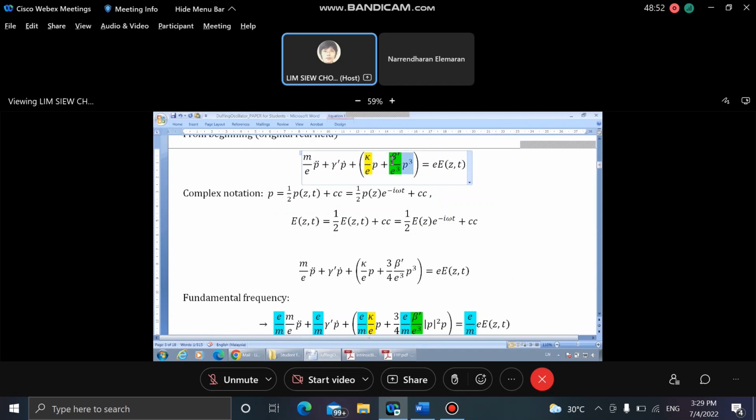Then we have the 3 over 4, because when you take the cube of P, you have 2 terms. If you take the powers of 3, you have 8 terms. Six terms of it will contribute to the fundamental frequency. Means that if you expand this, you have 8 terms. You have 6 terms which carry the omega. There are 2 terms related to 3 omega.